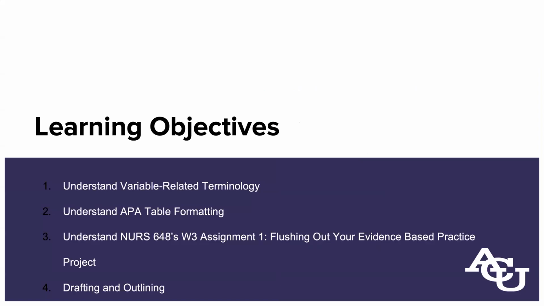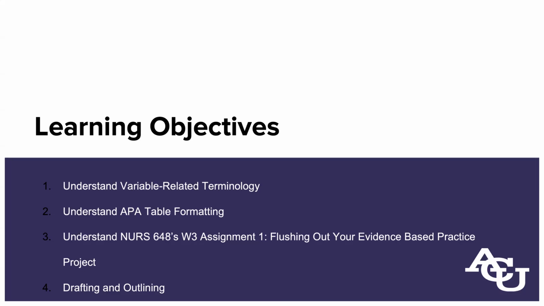So if you are watching this next section and you think, gosh, that's all new to me, I would suggest doing the course reading, or there are numerous webinars, including on our page, that have additional detail on this. You can also, when you get to the second section, when we're looking at APA table formatting, we have a couple dedicated webinars for that on the ACU Online Writing Center website and on our YouTube channel.